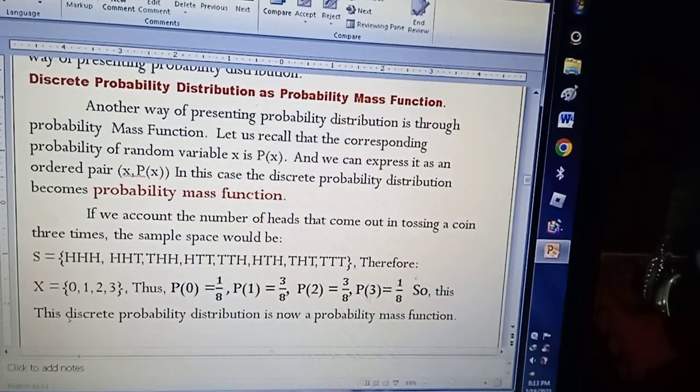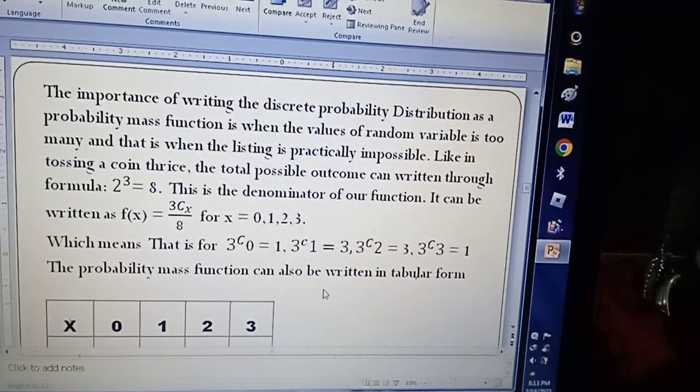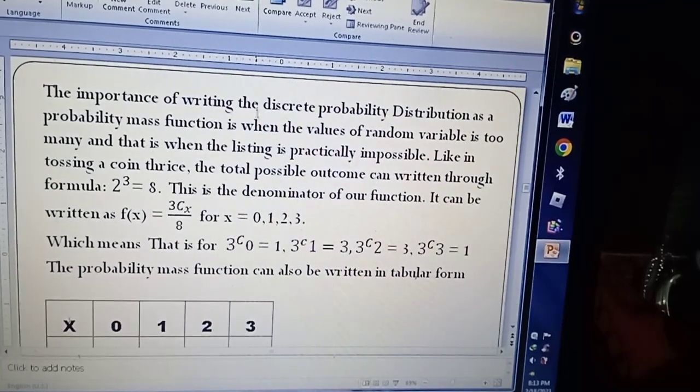Okay. So the third one is the importance. I would like to express the importance of writing a discrete probability distribution as a probability mass function. Why should we also know how to write the discrete probability distribution as a probability mass function? It is when the values of the random variable are too many, and that is when listing is practically impossible.